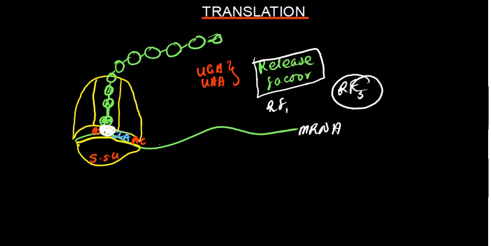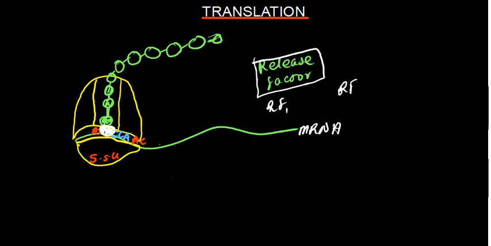The remaining one, UAG, is read by release factor 2. That's what happens during the process of translation.